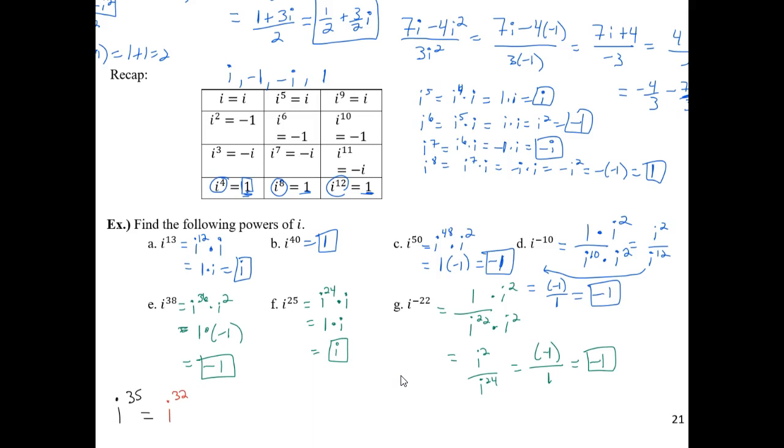So 4 times 8 would be 32. That means I have i cubed left over, right? i to the 32nd, that 32 is a multiple of 4. That's just going to be 1 times i cubed. But we don't write i cubed, we write negative i. So 1 times negative i, 1 times anything is itself, we end up with negative i.